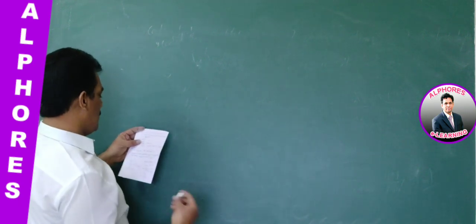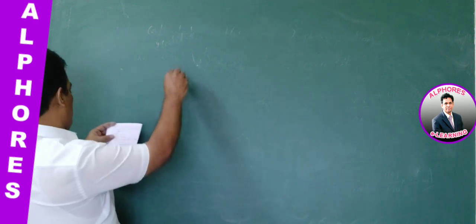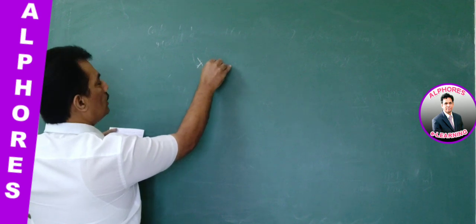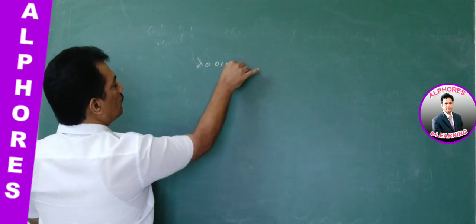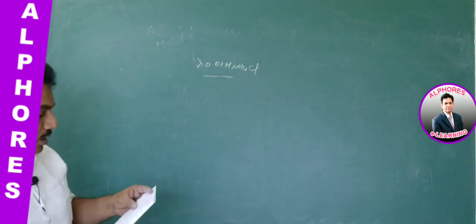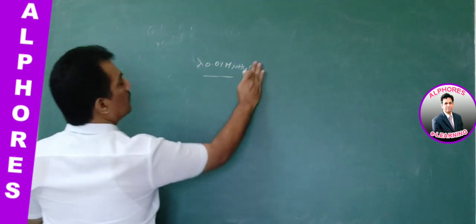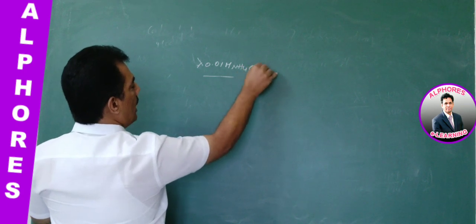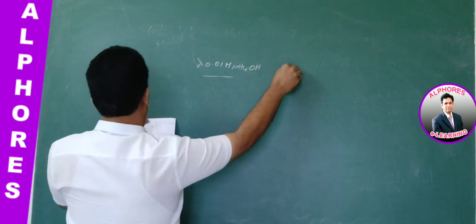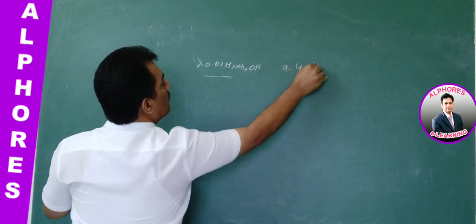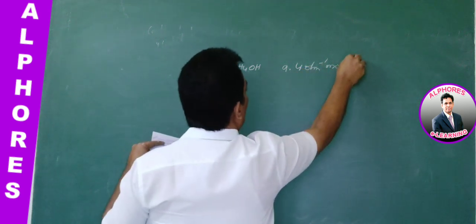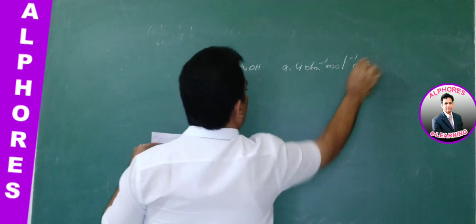In this case what they are giving is lambda for 0.01 molar ammonium hydroxide, not chloride, ammonium hydroxide, as 9.4 ohm inverse mole inverse centimeter square.